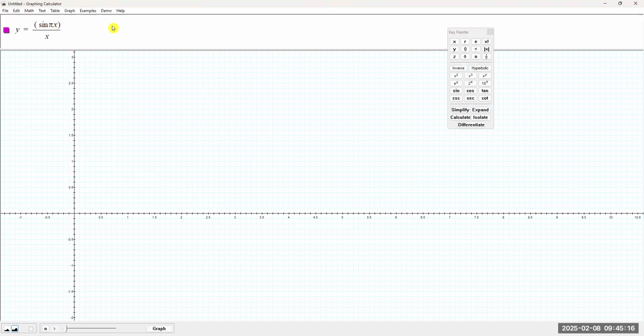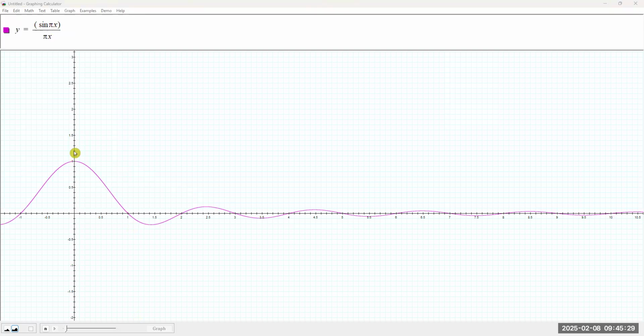Yeah, pi. So let me screenshot this and put it in here. I think this will give us a much better estimation. See, I don't give up.